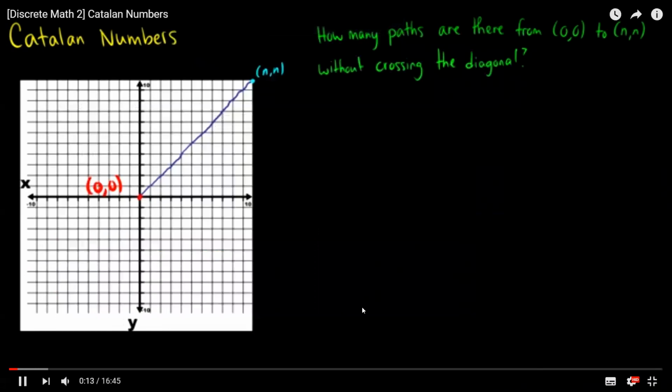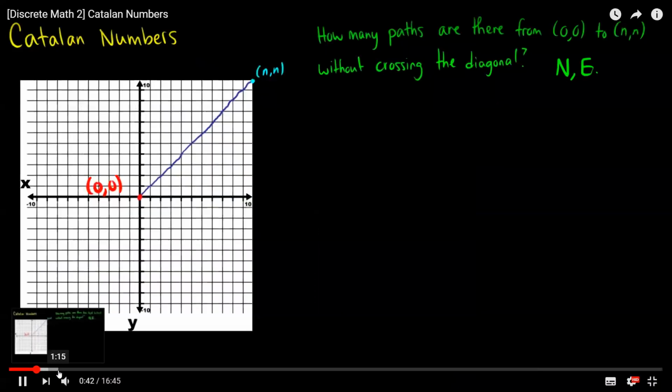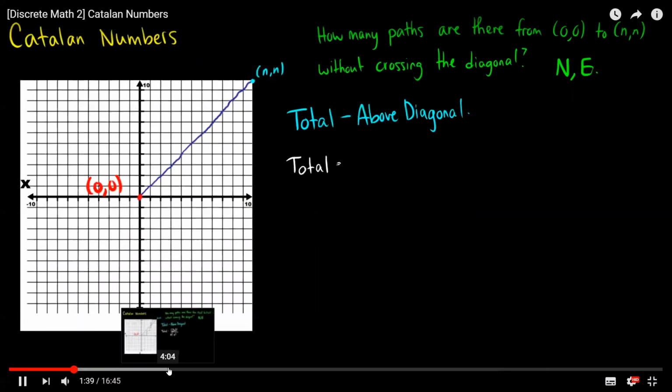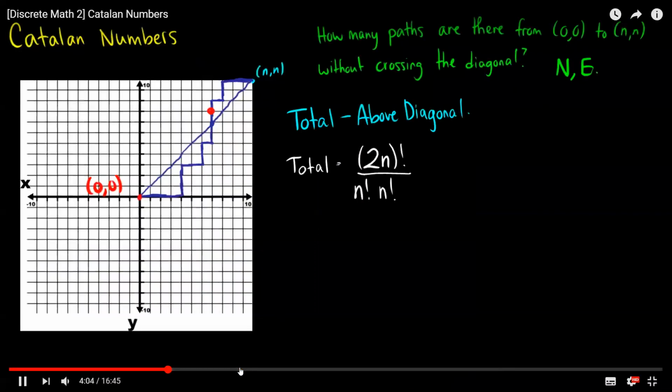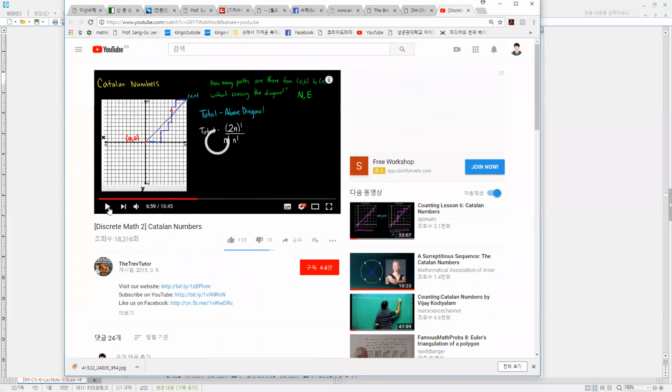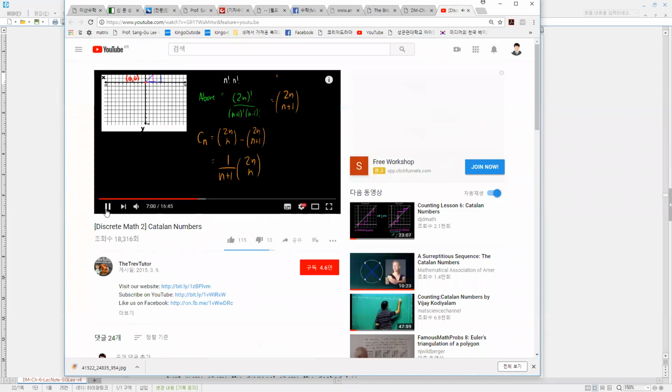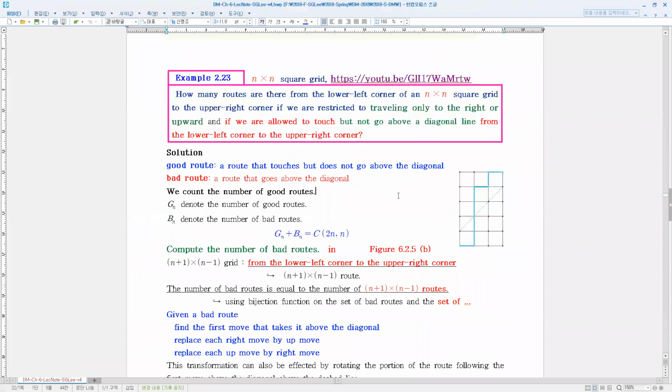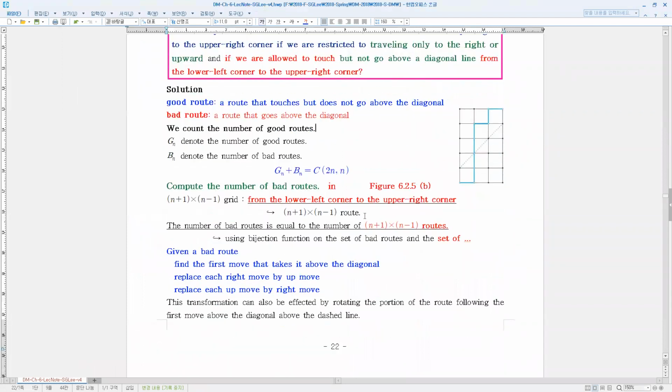So you can have explanations from here. I will give you a chance to go through it by yourself with these explanations, but I will give a sketch of proof here.